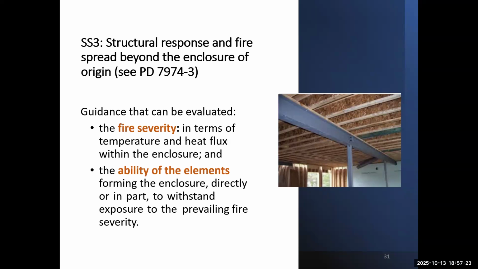For the fire severity, we can use models from PD 7974-1. We can calculate the temperature and the heat flux from a growing fire. For instance, we might determine that the fire will cause the temperature at the ceiling to exceed 1,000 degrees centigrade.